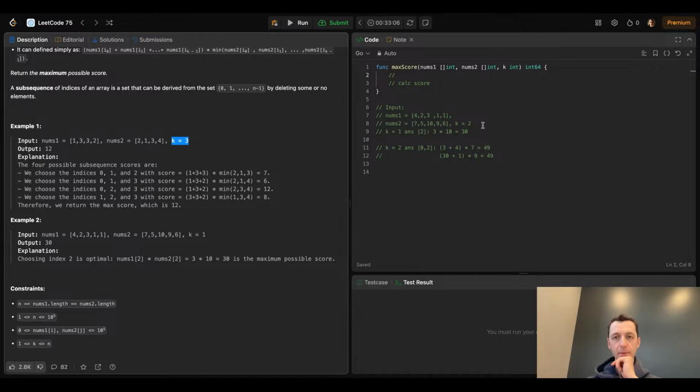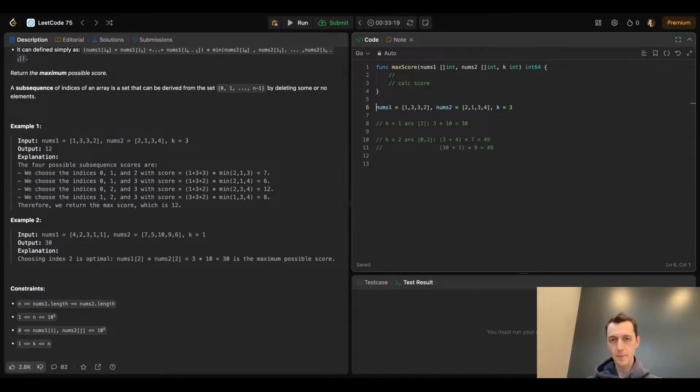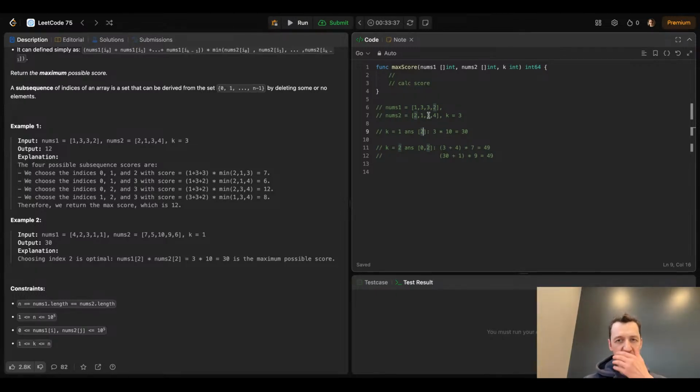Like in this first example, if we try that logic, because for K1, the answer will be 2.